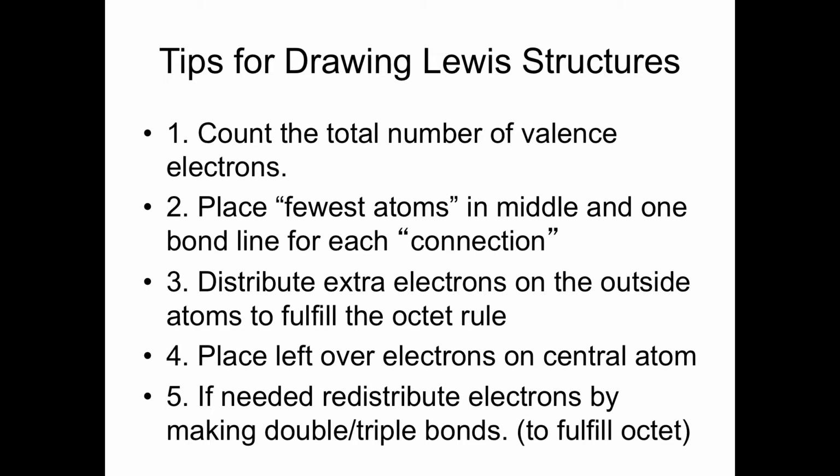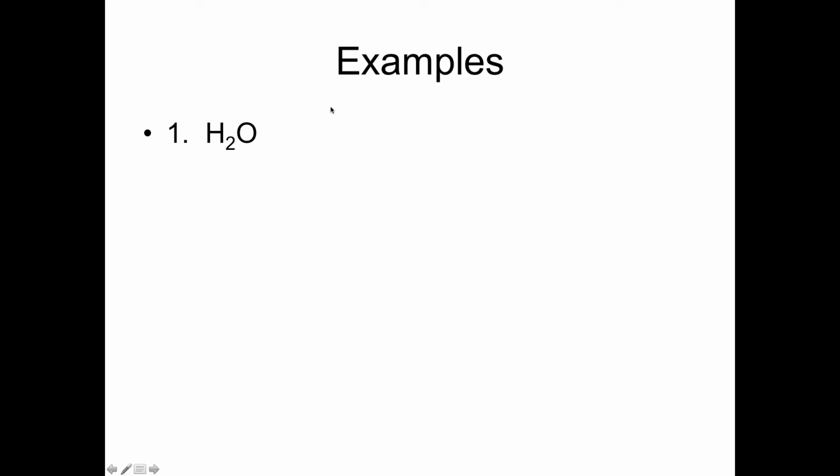For the rest of this video, we're going to do some examples. I'm going to start with good old water. First I have to count up how many valence electrons I have. If you look on your periodic table and find hydrogen, each hydrogen has one valence electron, and there are two of them in water.